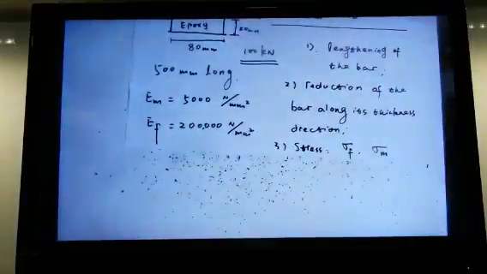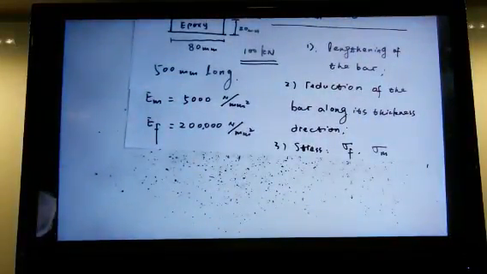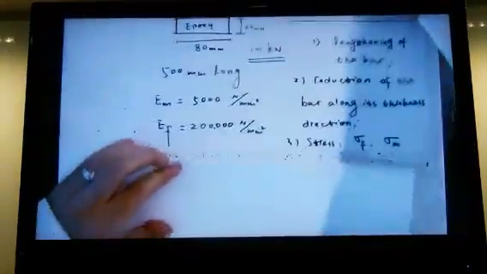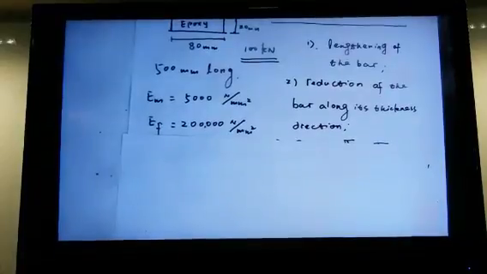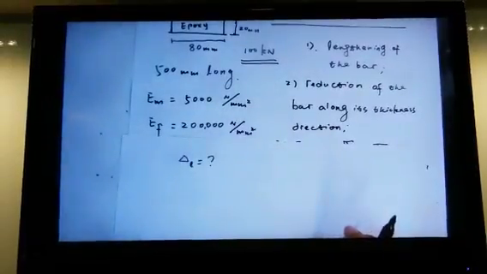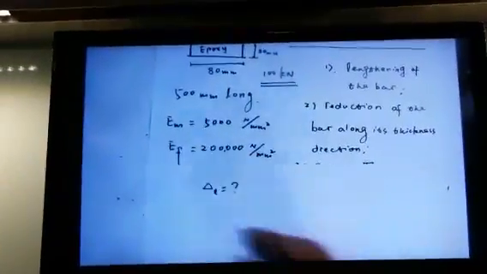So the first question: what is the lengthening along the longitudinal direction, not along the length direction, out-of-plane direction? So we need to figure out delta L equals how much. This is unknown.